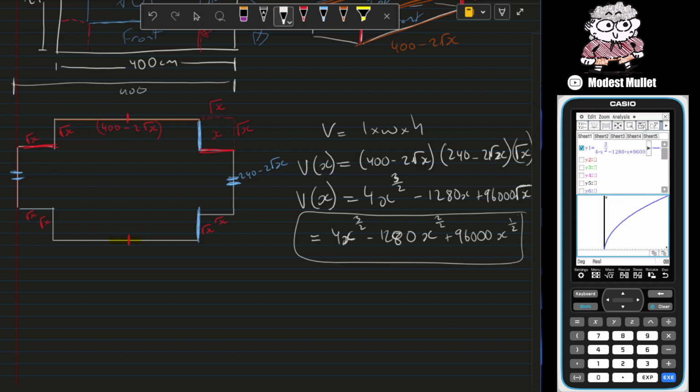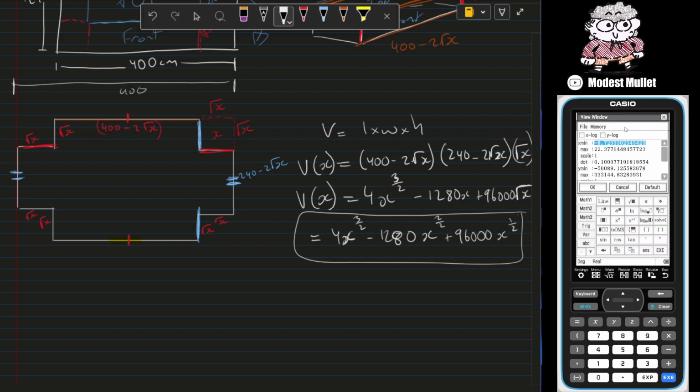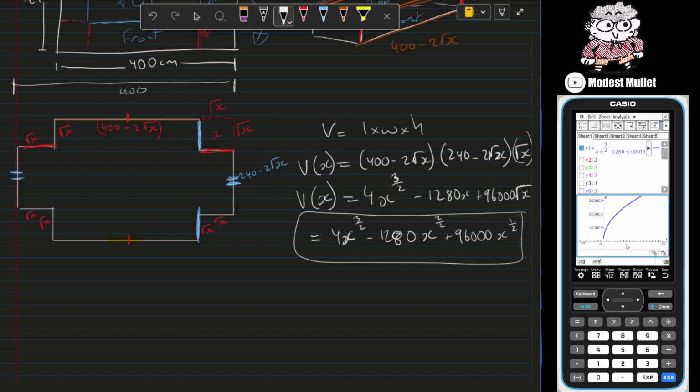That button I just pressed tries to get key features of the graph, say turning points, to be visible. But our y-axis is now a really thick black line, because it goes from negative 56,000 up to 333,000, and it's trying to put a scale on at every one, which is just not going to fit. So let's put just a scale at 100,000 to start with. Okay, go OK. There we go.